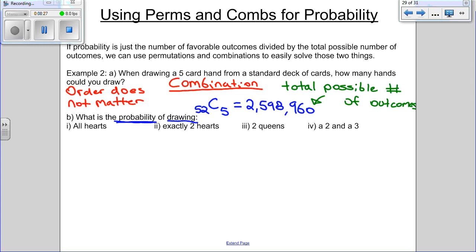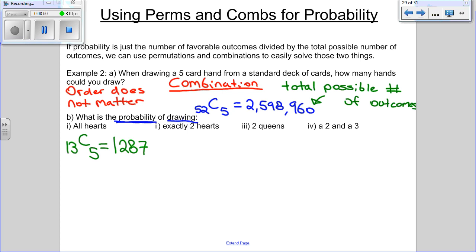Does the order matter? No, so it's a combination. How many do you want? 5. So there's 13 hearts, you want 5 of them. How many ways can I pull 5 out of 13? 1,287.